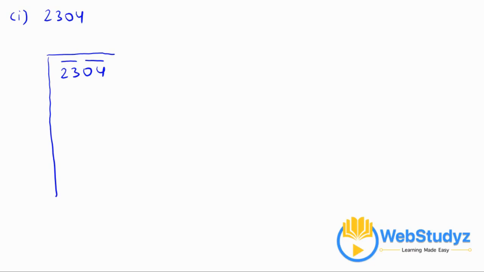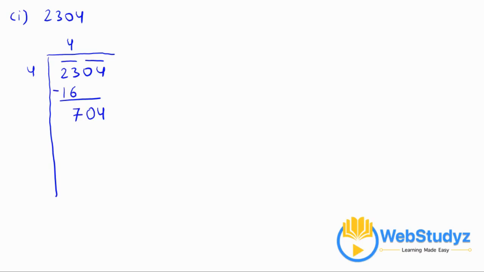We have a perfect square of 4 which is less than 23. So we will divide it by 4, 4 times 4 we will get 16. Subtracting this, we get 7, and we can write another two digits as 04.